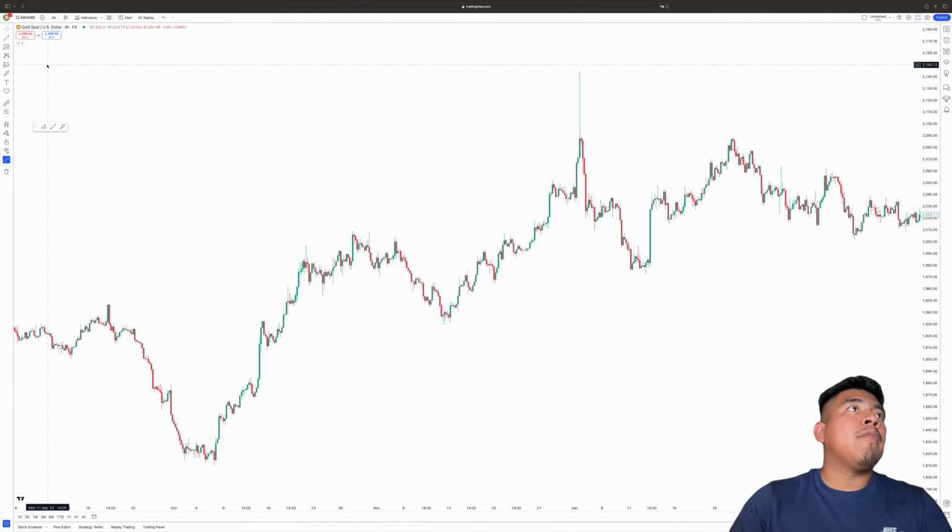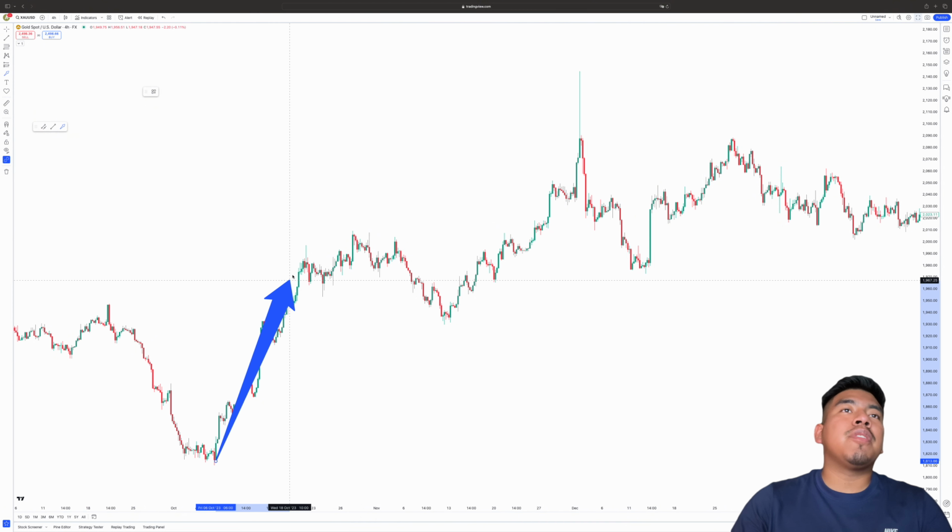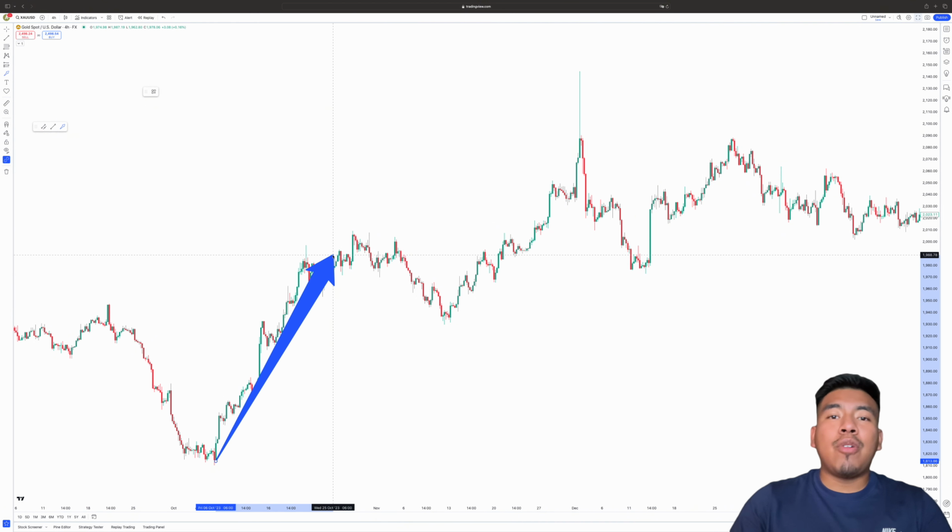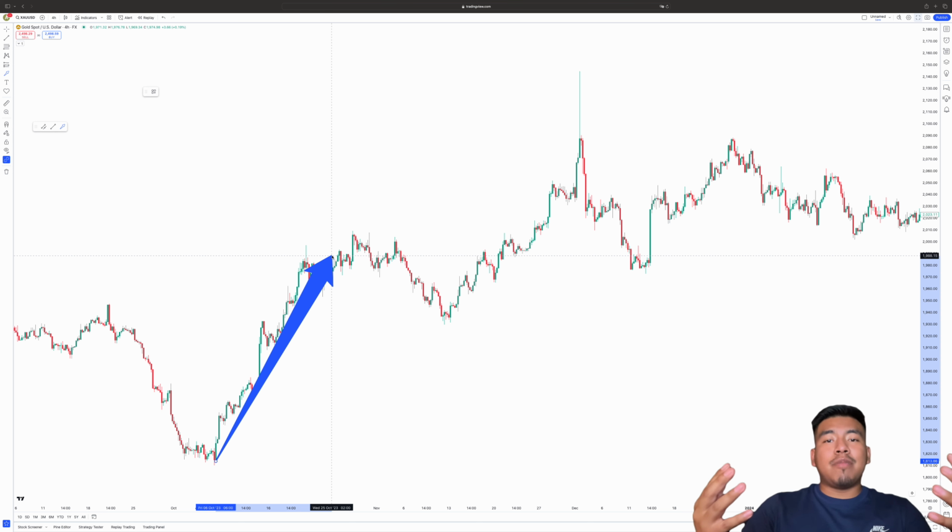So the Fibonacci extension, the regular Fibonacci will come out over here. And usually it's after a big push. After a major push, this is where you begin to draw a Fibonacci. So here we can see there was a major push. And as you guys always hear, what goes up must come down.